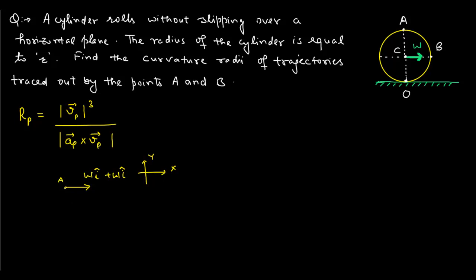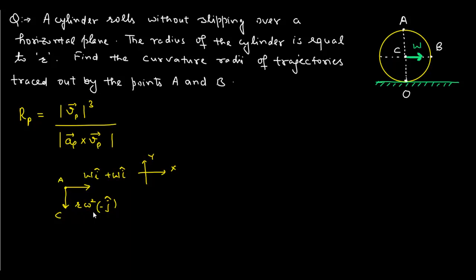Now acceleration along the radius towards the center is the centripetal acceleration, and that acceleration is r omega square. Omega is the angular velocity of the circular symmetric object at that instant, and it is in the minus j cap direction. Clear? So this is the acceleration of center of mass, this is the tangential acceleration, and this is the centripetal acceleration.